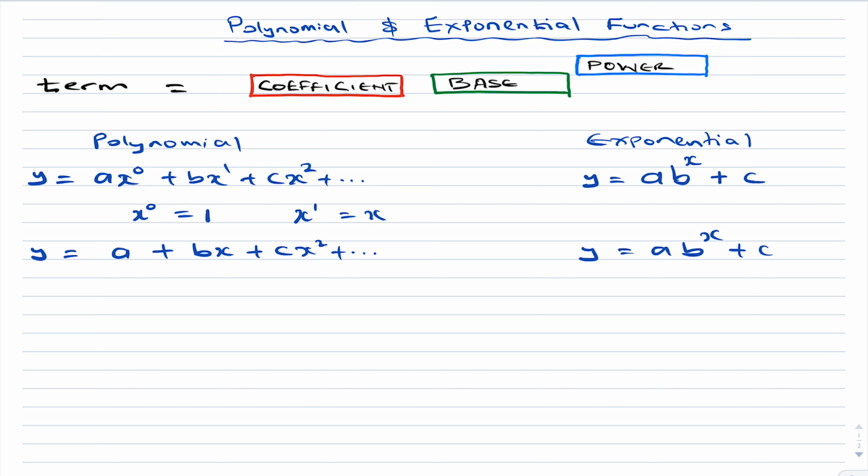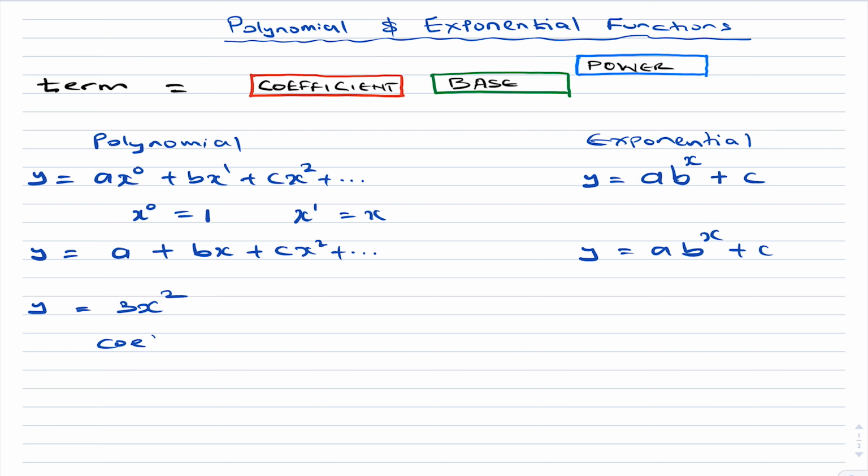Give an example of a single term polynomial. So y equals 3x squared. In this case, this is a single term polynomial. The coefficient in this case is 3.